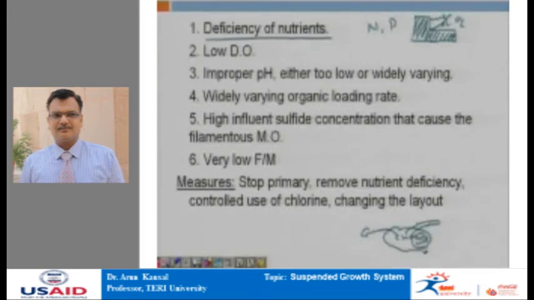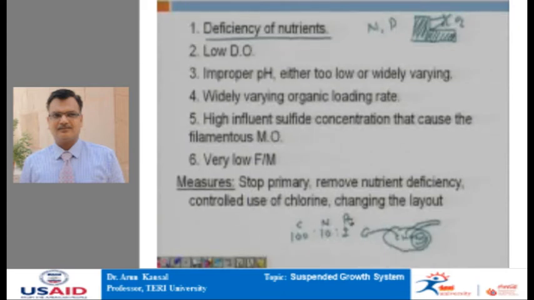So, nitrogen and phosphorus are the other essential nutrients for the synthesis of cell mass. Broadly speaking, for a typical cell structure, for every 100 units of carbon, we require approximately 10 units of nitrogen and 2 units of phosphorus. That is, the ratio of carbon to nitrogen to phosphorus is 100 to 10 to 2.